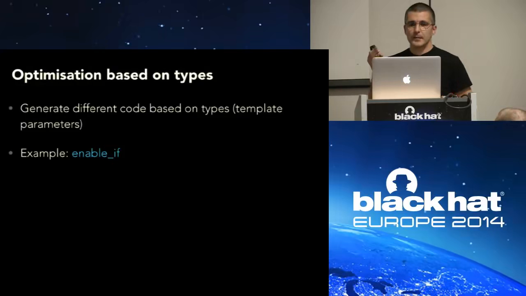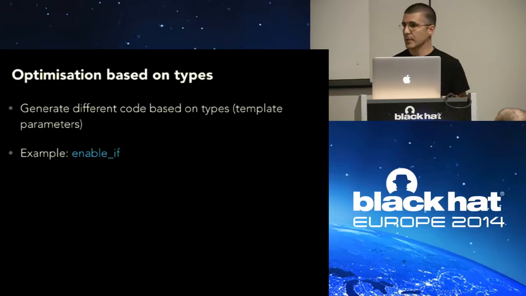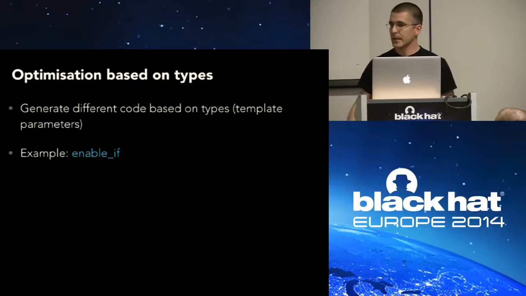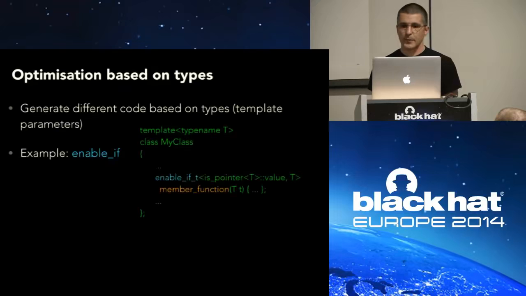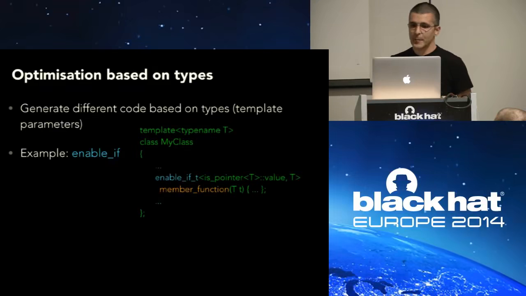Like I said, with C++ templates, you can make optimization based on types. In the standard library, you have a meta method, enable_if, and with that, you can, for example, declare a class. The syntax is horrible. I will just explain a little bit.